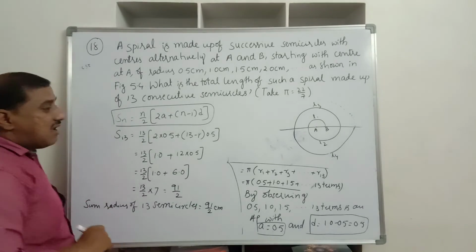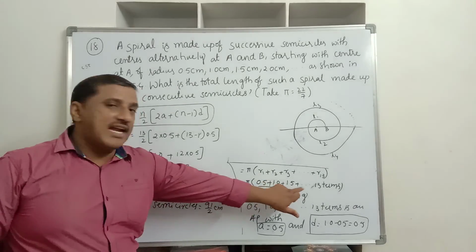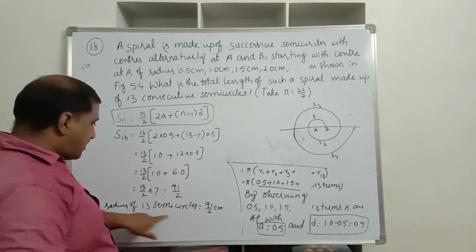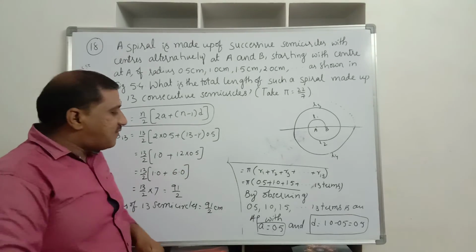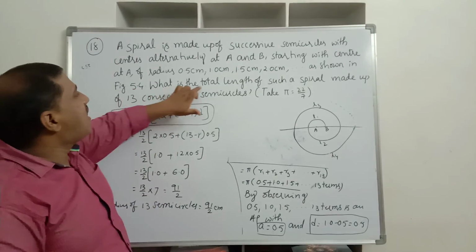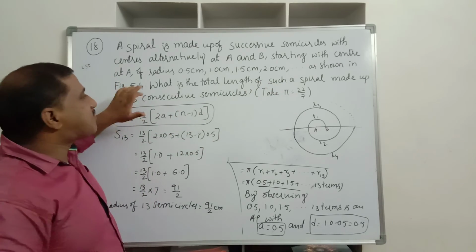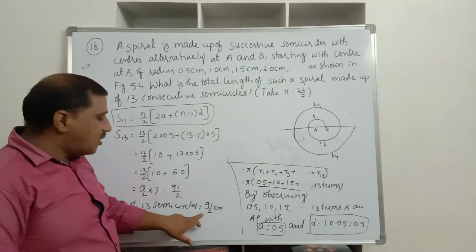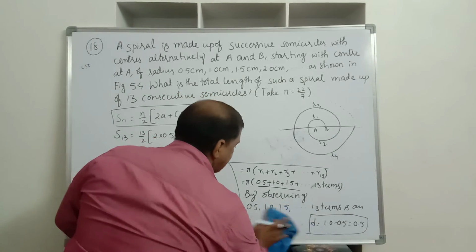Now we got this. Finally, what we need to find is pi into the sum of the radii of all the 13 semicircles. The sum of the radii is 91 by 2. Therefore, the total length of the spiral made up of 13 consecutive semicircles is pi into 91 by 2.